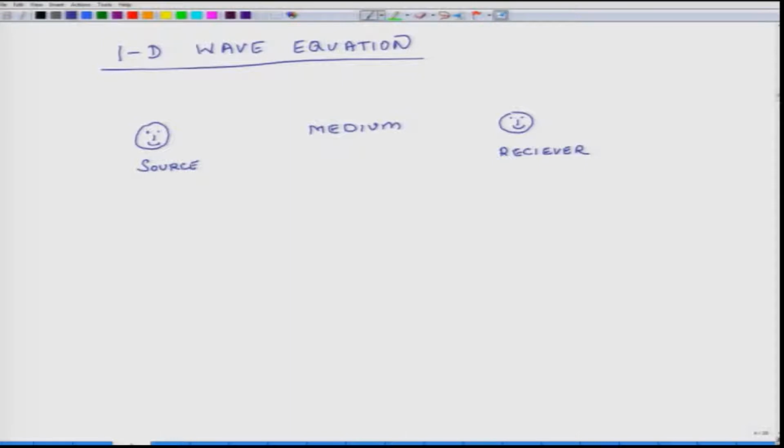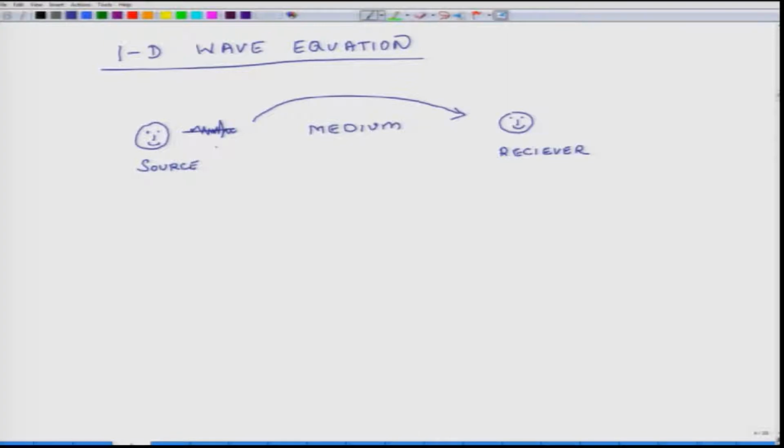So, when the source generates sound, in this case it could be a person, when he or she talks, there are pressure fluctuations. And these pressure fluctuations somehow get transmitted through the medium, and these pressure fluctuations are received after some time by the receiver.